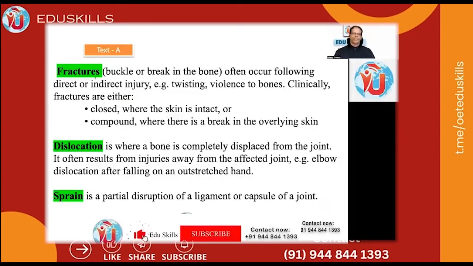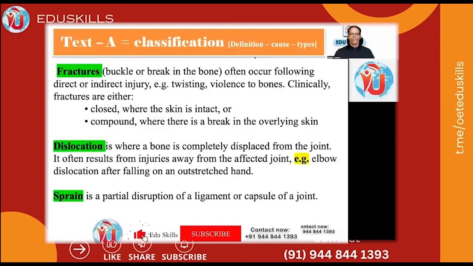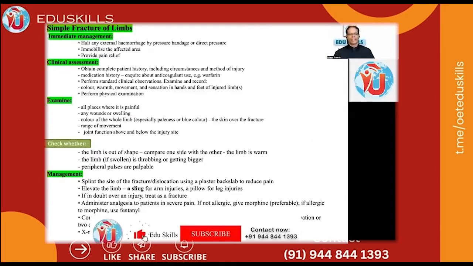Text A. Fractures, dislocation, and sprain. And this is classification or definition, and cause is given there. This is also description, but they have classified the whole thing. So when you know something about the types or classification or cause, you should definitely launch here and you can answer from there.